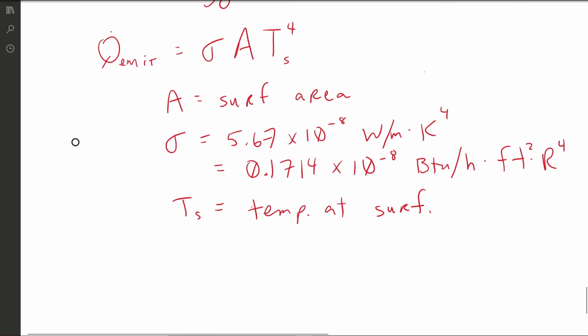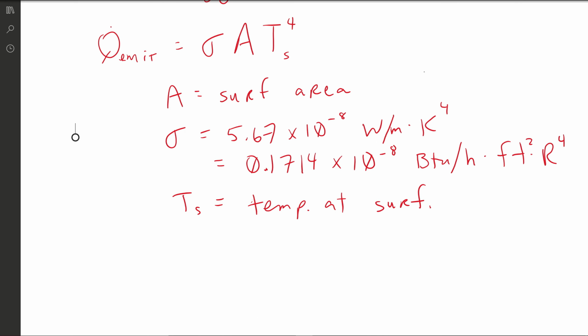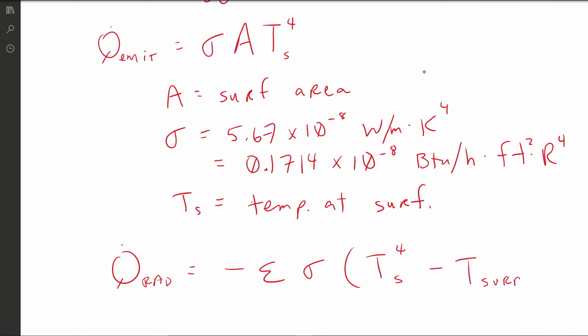So we can go further and say, let's look at the net rate of radiation heat transfer between a surface and surroundings. And we'll use Q rad, and that's equal to negative E sigma times T sub S to the fourth minus T sub SURR to the fourth.